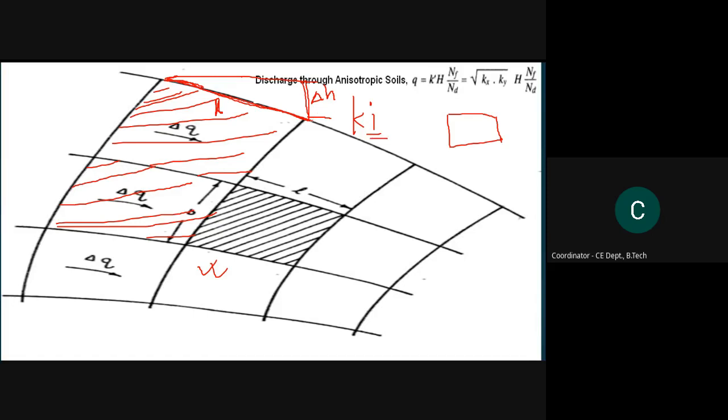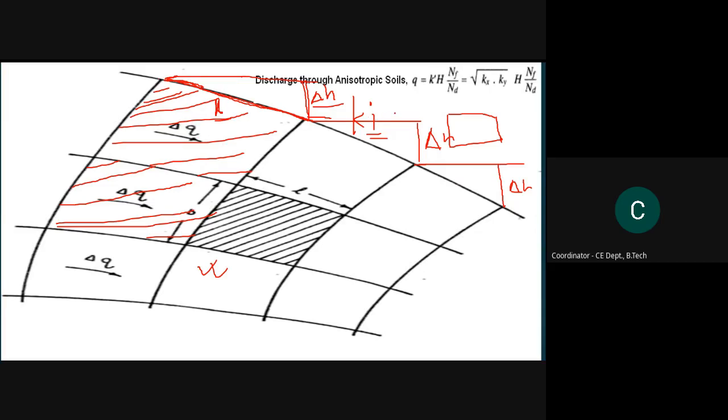So this is also del H, and this is L. If we know del H and we know L, we can easily find out the gradient or the slope of this particular field.